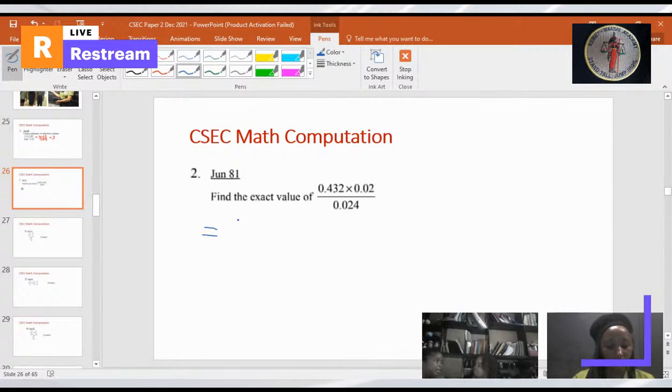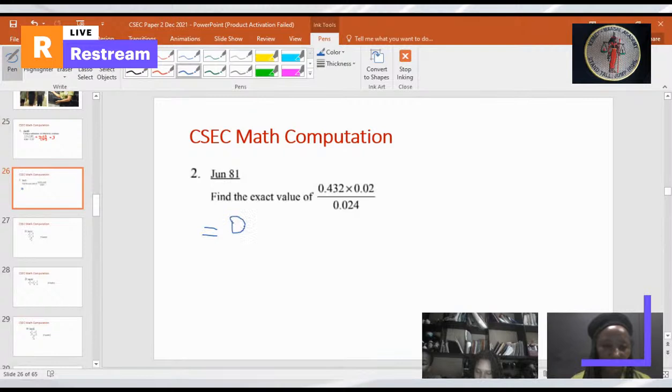So 0.432 times 0.02, that gives us what? Miss, on the calculator, it's giving us a power of 10, minus 3. So yes, move the decimal point 3 places to the left. Yes, miss, that's what I did.